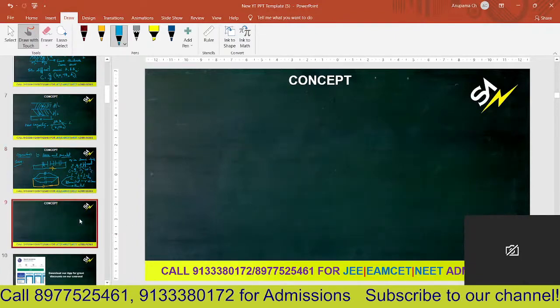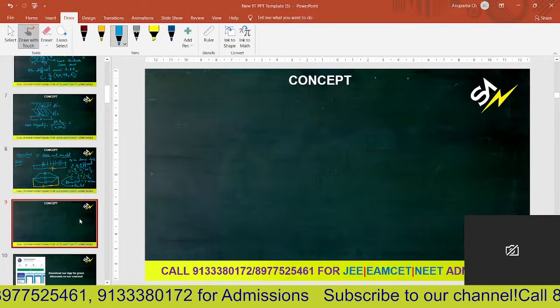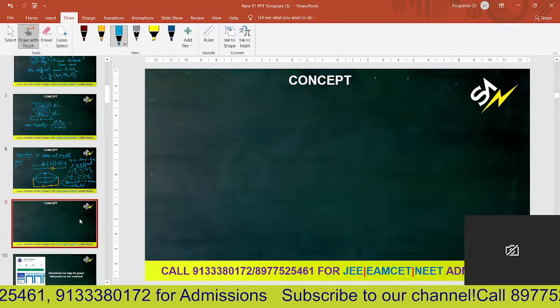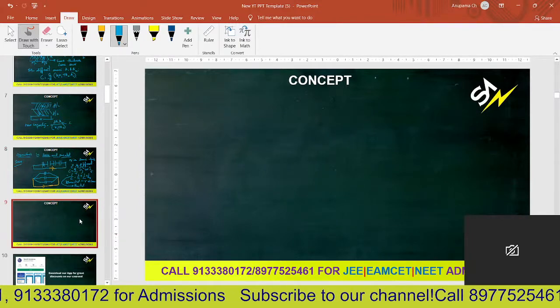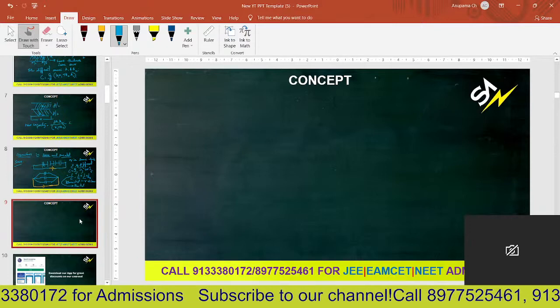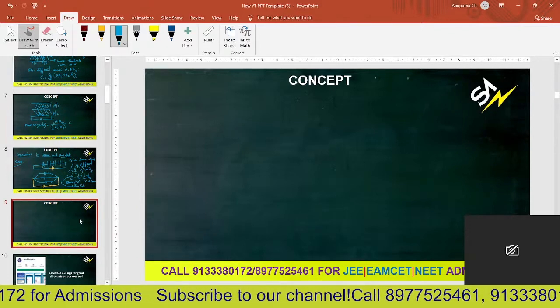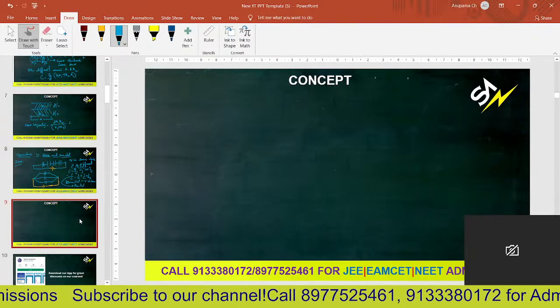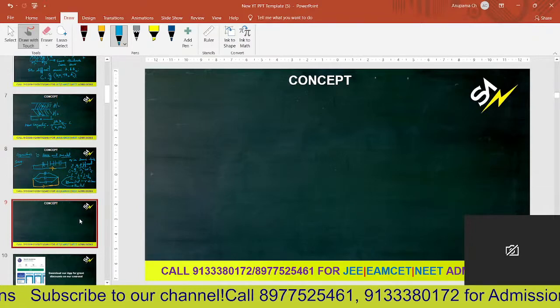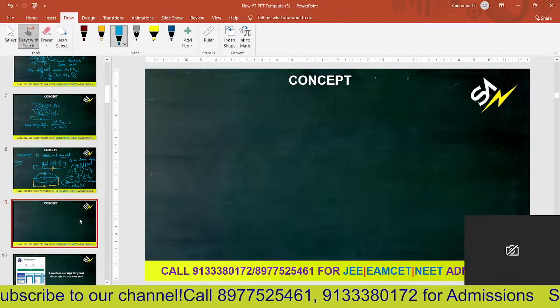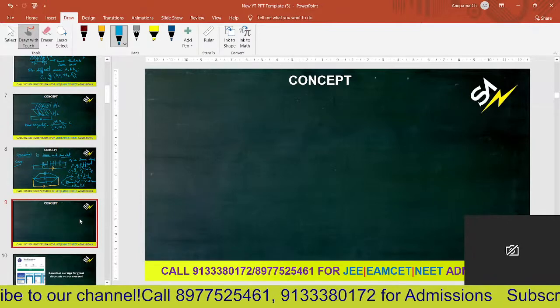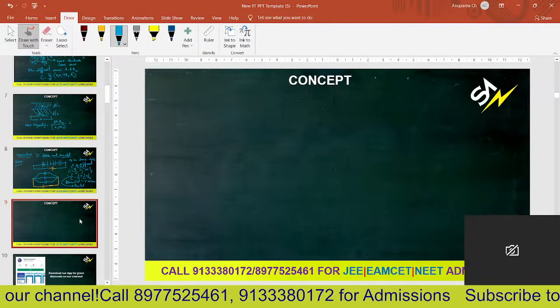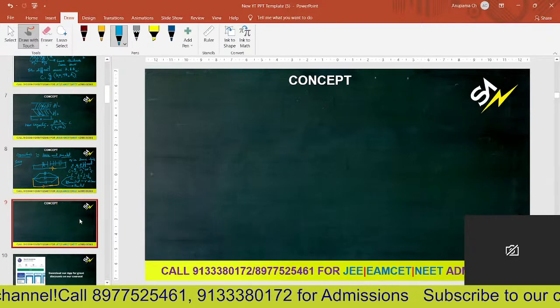Okay. So what happens to these capacitors? How do they act actually? I can say capacitors are the energy storage devices. Meaning what? They are used to store the charge, or they are used to store the energy.